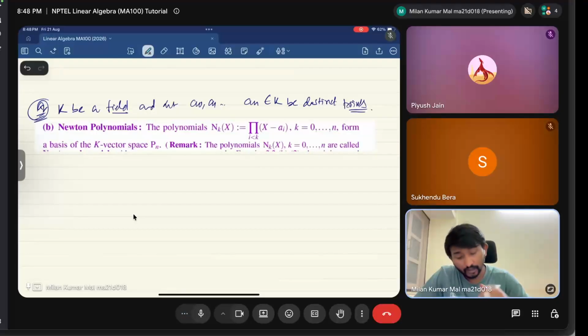Then the Newton polynomials Nk(x) form a basis of the K-vector space Pn.